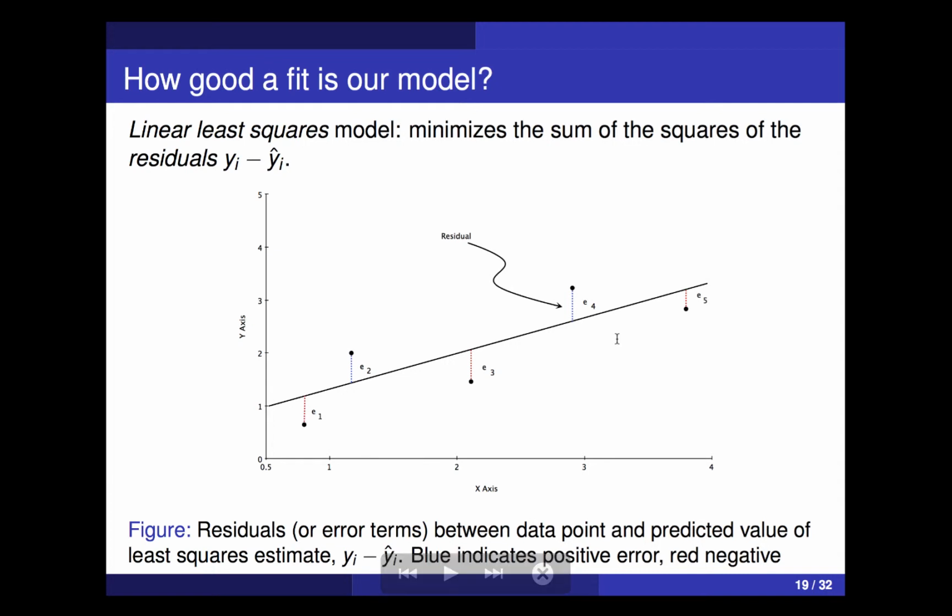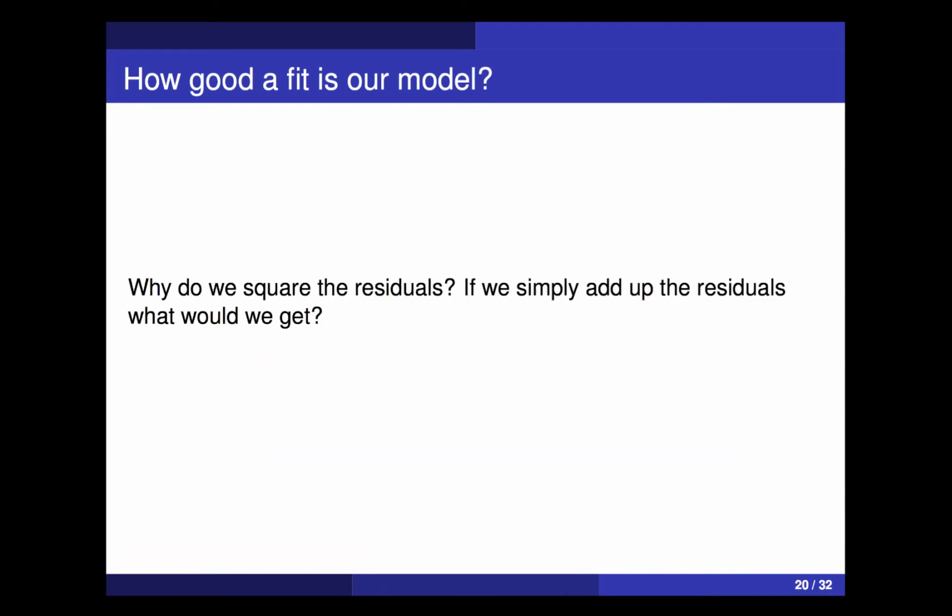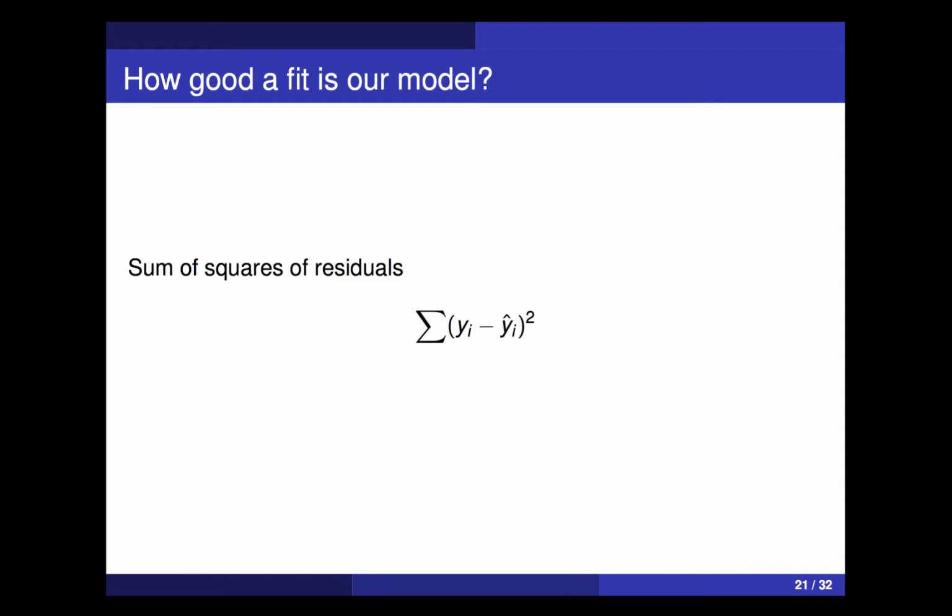This should remind you of the standard deviation formula. And the reason we sum the squares is because if we simply summed the residuals, then the ones that are negative would tend to cancel out the ones that are positive. In fact, we would just get 0. So this is what the sum of the squares of residuals look like.